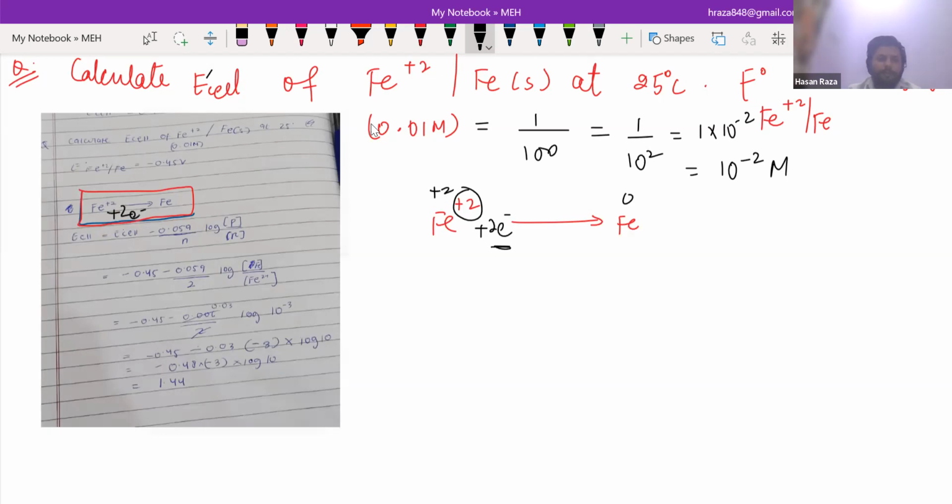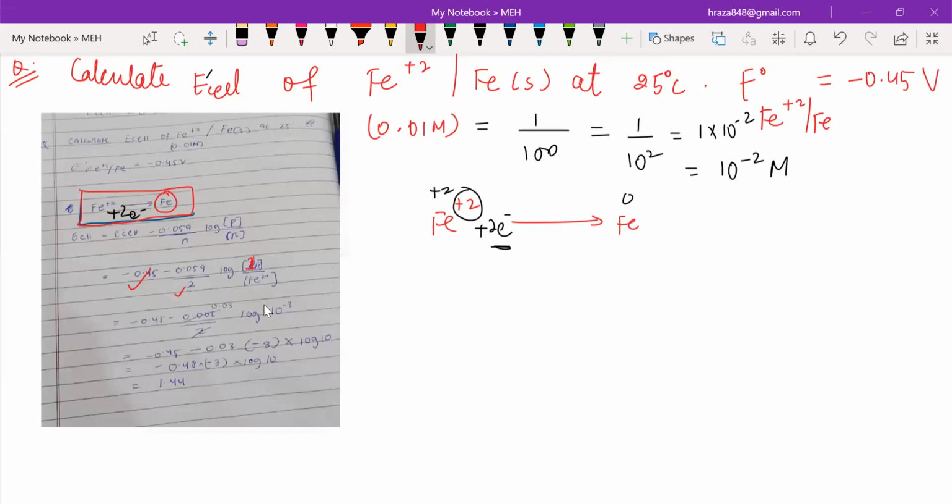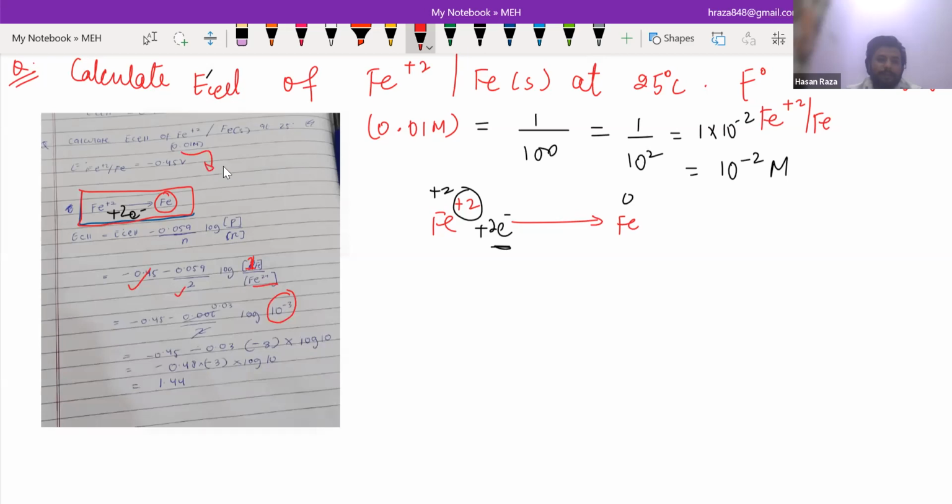Now move to the next. E cell is equal to E naught cell minus 0.059 over n. That is good, you have written the value of n correctly. And log of product: the product is in solid state, so it will be 1, yes? Fe plus 2: how does it become 10 raised to the power minus 3 when it is 0.01? That means 1 upon 100, that means 1 upon 10 raised to the power 2, that means 10 raised to the power minus 2, right? So when it comes here, it will be like this, and you cancel it 0.03 times.